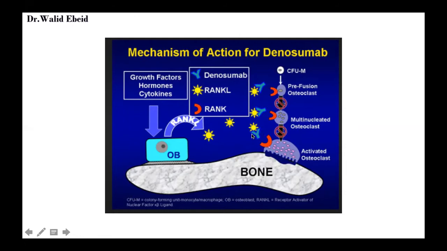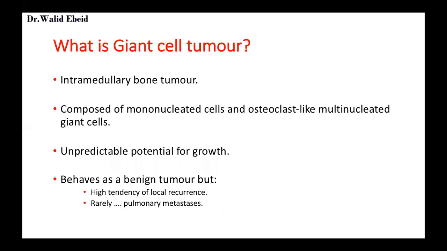So actually, the denosumab acts similar to the osteoprotegerin, but the denosumab is produced in the lab, directly binding to the rank ligand. So what is giant cell tumor?